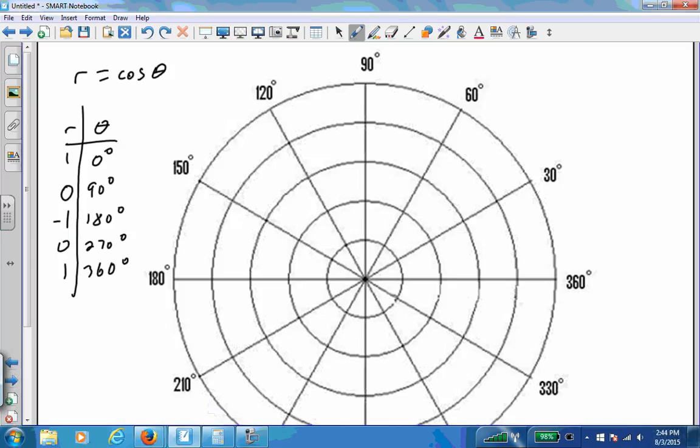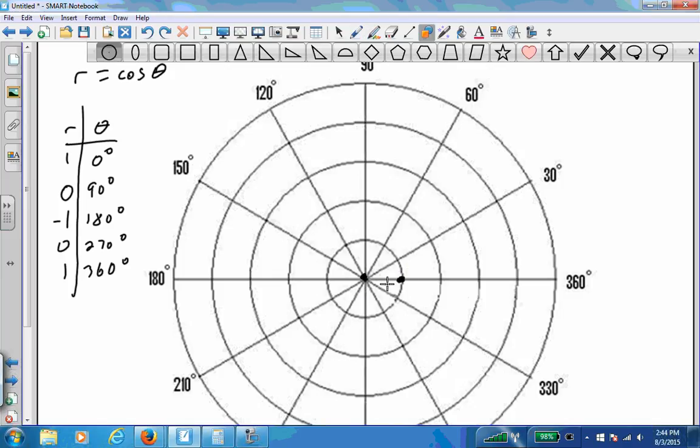Now, it turns out that's really not enough points to show us what's going on here. In the direction of 0 degrees, we're out 1. In the direction of 90, we're actually not out any. In the direction of 180, we're back to here. In the direction of 270, we're not out here.